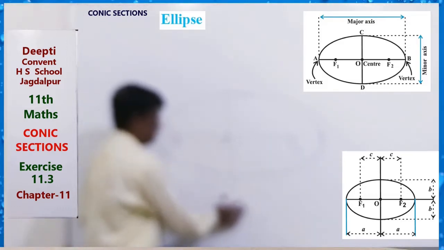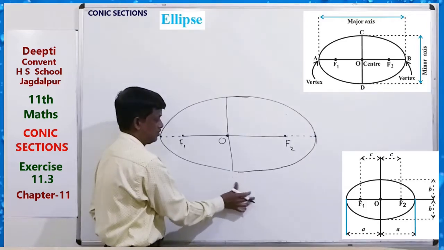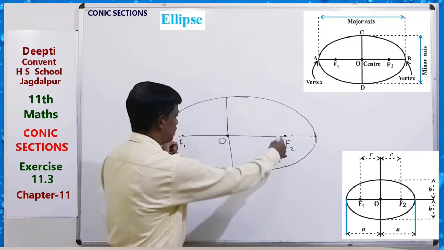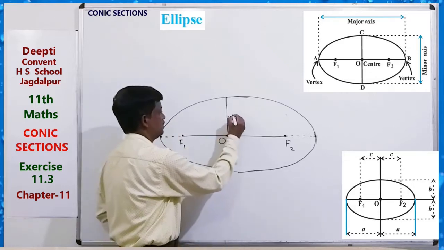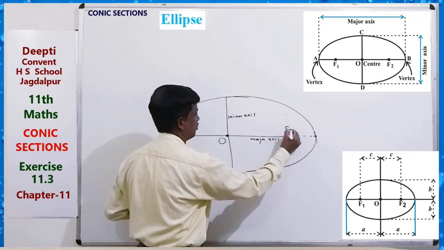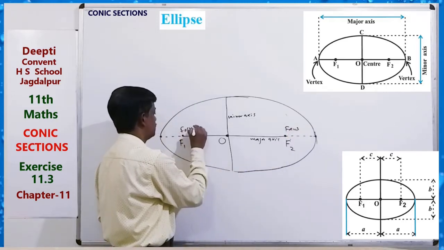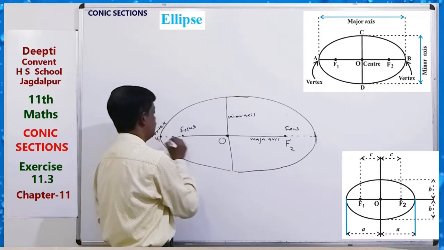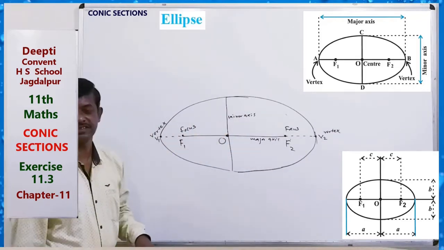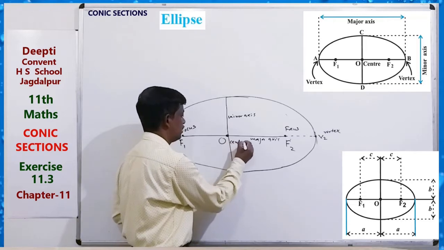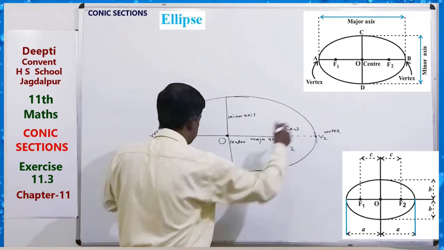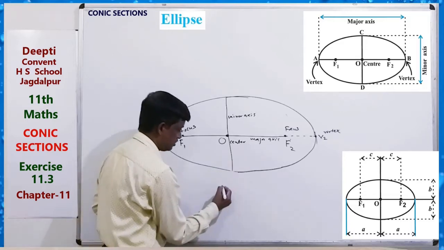Now here, this is the minor axis, this is the major axis, these are the foci, this is vertex V1, this is vertex V2, these are called vertices, major axis, minor axis, this is the center. Now suppose the length of the major axis is 2a.